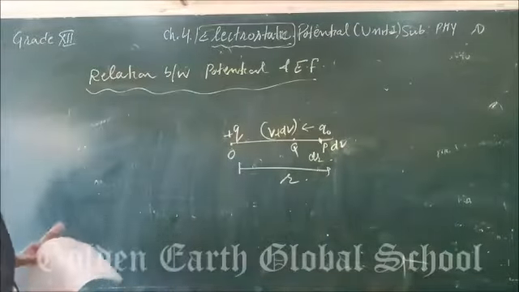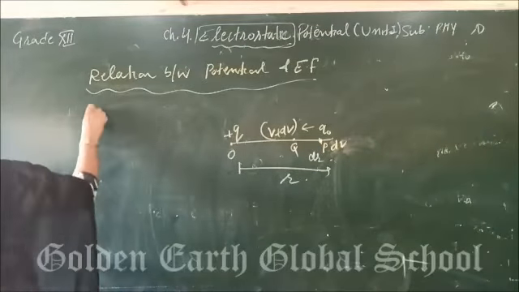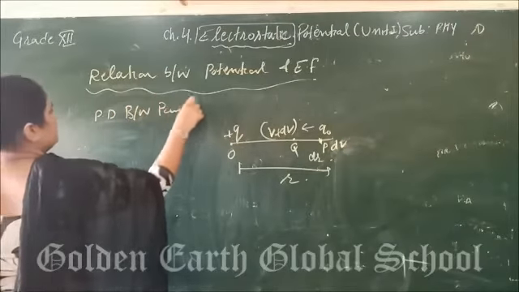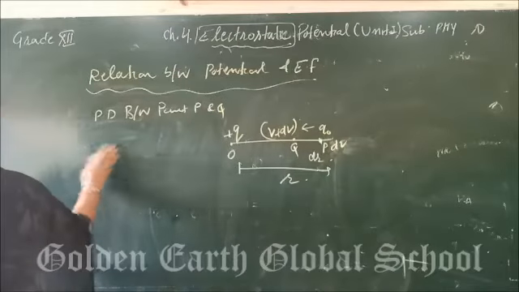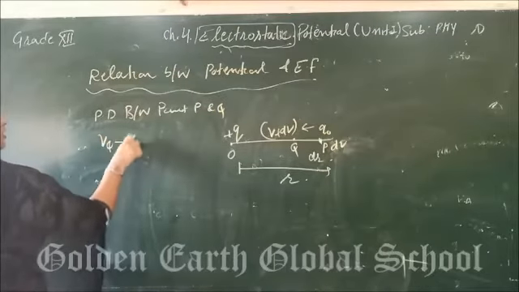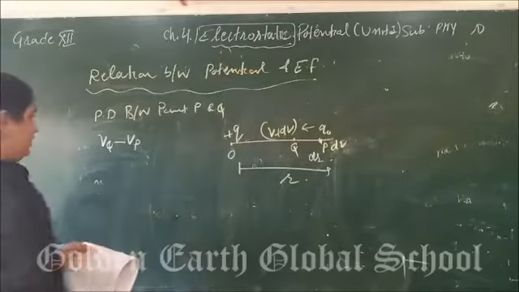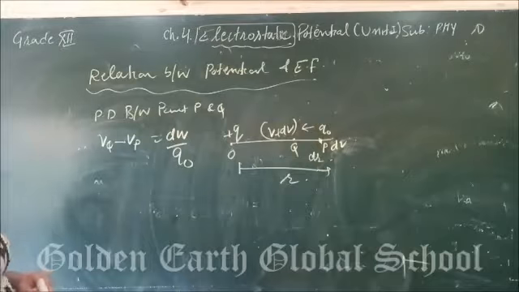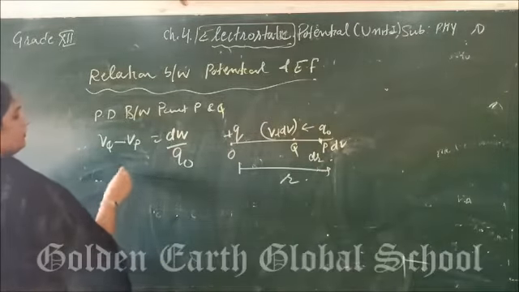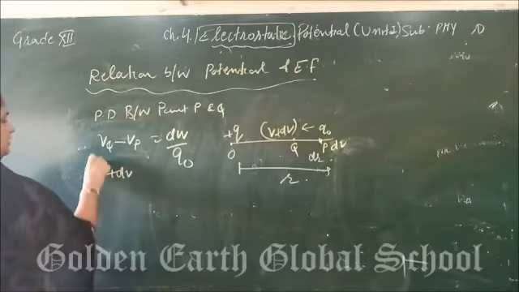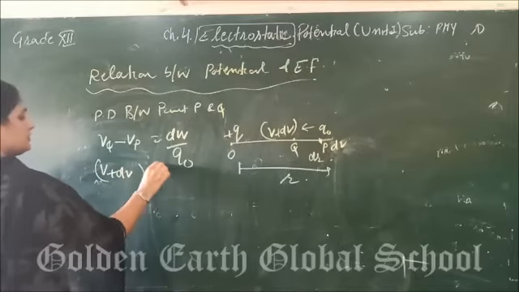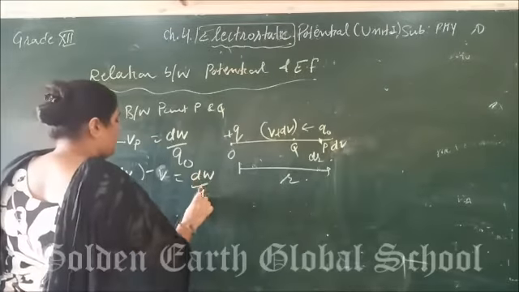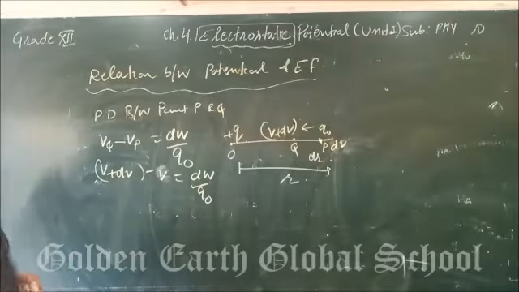Now if we apply the formula for the potential difference between points P and Q, it will be potential at Q minus potential at P, that is small amount of work dW upon charge Q naught.